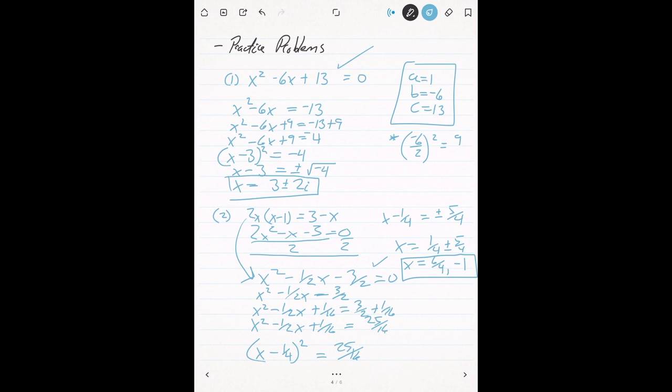No matter how complicated it looks, we're picking it in a very specific way so it can still be factored. Once we factor it down, we have a fairly simple equation to solve. All you have to do is take the square root of both sides and add or subtract the value over to it. That's pretty much it. Just remember, there's always two solutions that you're going to have in the end here.